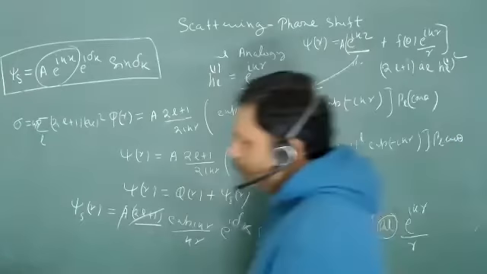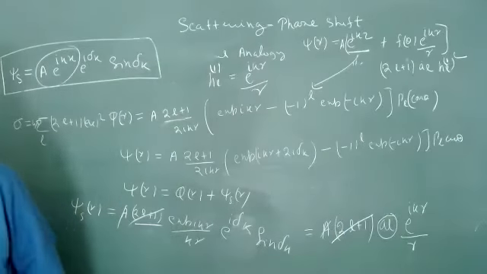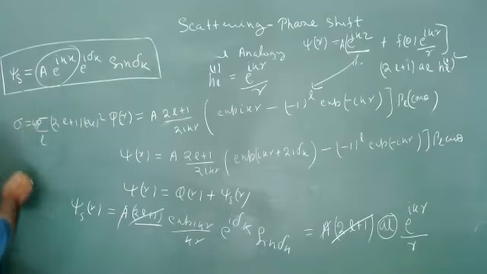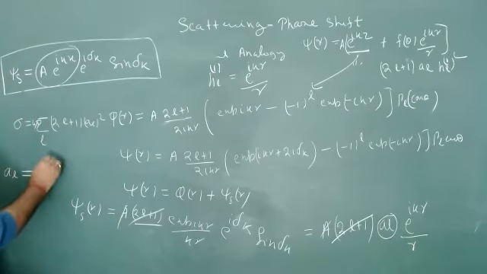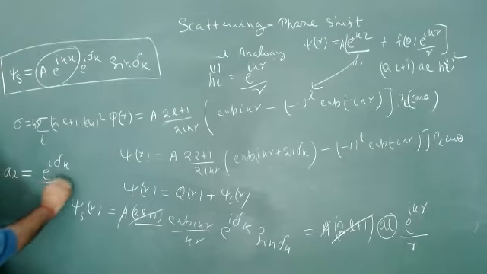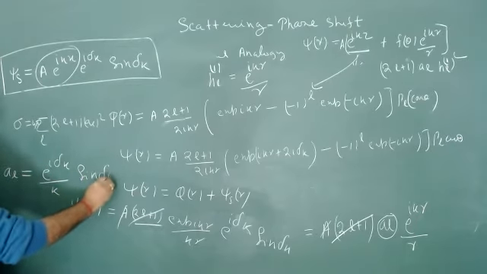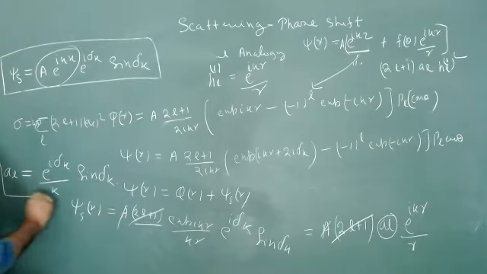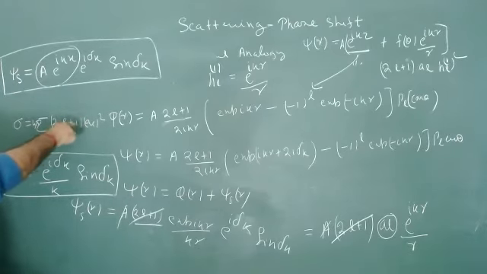So what is my value of al? My value of al is given by e to the power i delta k upon k, sine delta k. This is your value of al, and now we can put this value in here, then we can have one particular formulation.